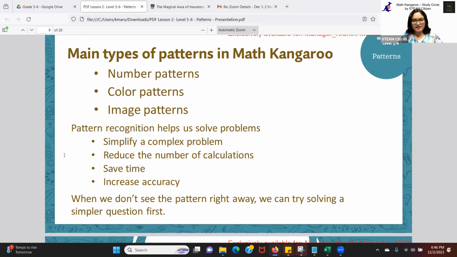That's interesting. Okay. So, Dipali, do you want to take this slide? Yeah, so in the Math Kangaroo exam, they're mainly going to cover number patterns, color patterns, and image patterns. For the 5th and 6th grade level, they will get a little bit more complex. As everyone has already been saying, pattern recognition can help us save time and makes the problem a lot easier.